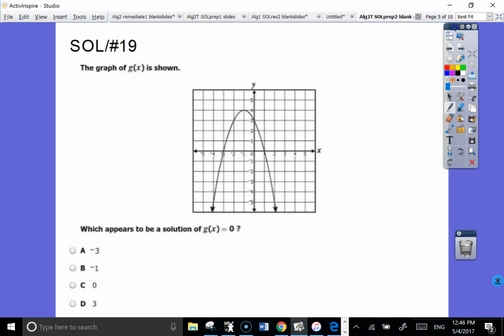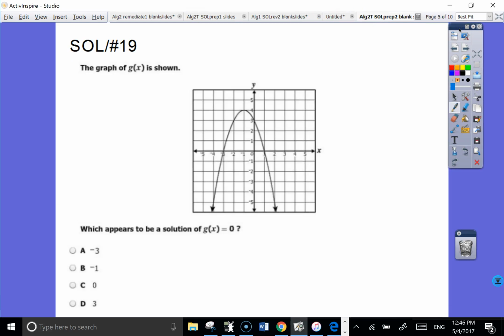This is number 19. This is a problem you might have seen on the Algebra 1 exam. This is a question you could have gotten on the Algebra 1 SOL, where if you're just looking at one graph of one function and you want to know where that function equals 0, where are you looking on the graph?